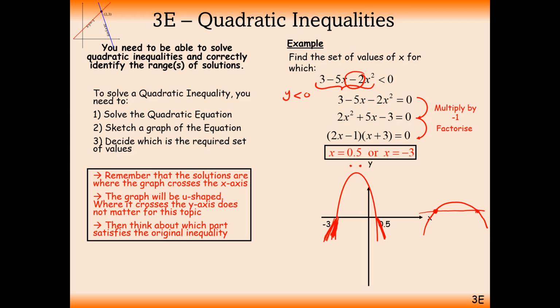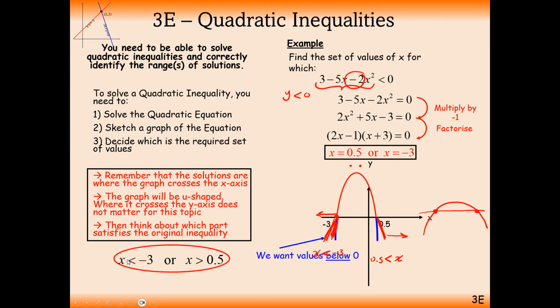If you're going under the x-axis, x values have to be less than minus 3 and x values have to be bigger than a half. So to the right of this value it goes under, and to the left of this x coordinate it goes under. That's why you write the disjoint set using or: x has to be less than minus 3 or x has to be bigger than half.